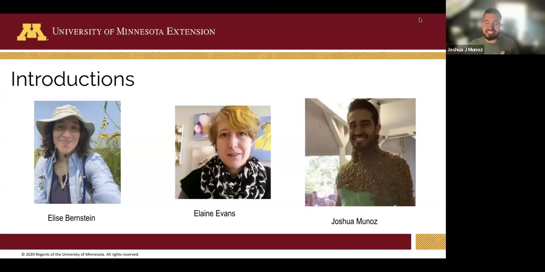Alrighty, so yeah, Elise and Elaine, they're at the University of Minnesota B Lab. Elaine Evans in the middle is pretty much the main creator of this toolkit. When I met her, she was still known as the bumblebee queen. She's the one who did all her work and PhD on bumblebees, and still does that type of work, does a lot of outreach, and is continuing creating content for this toolkit.